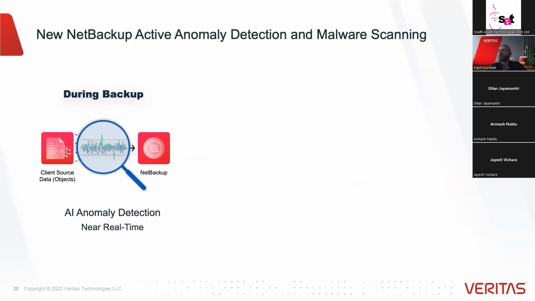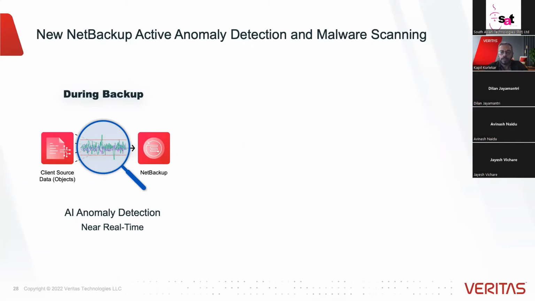The new active anomaly detection and malware scanning. NetBackup 10 includes a new automated malware scanning feature that works in conjunction with the AI-driven near real-time anomaly detection that was introduced in NetBackup 9.1.